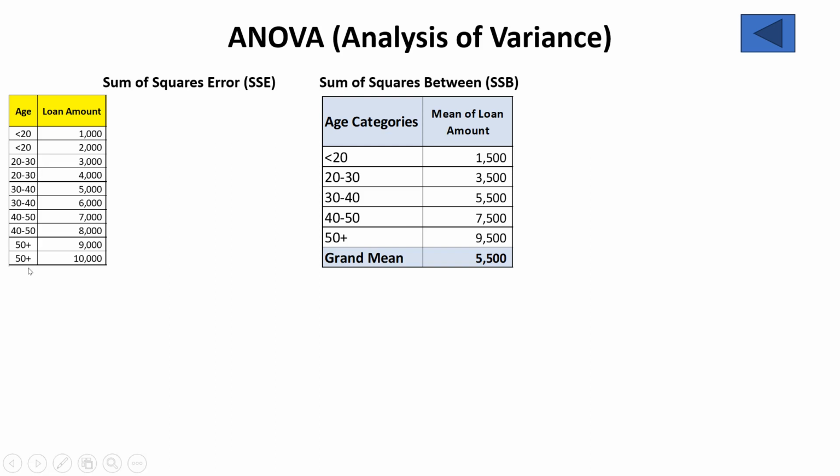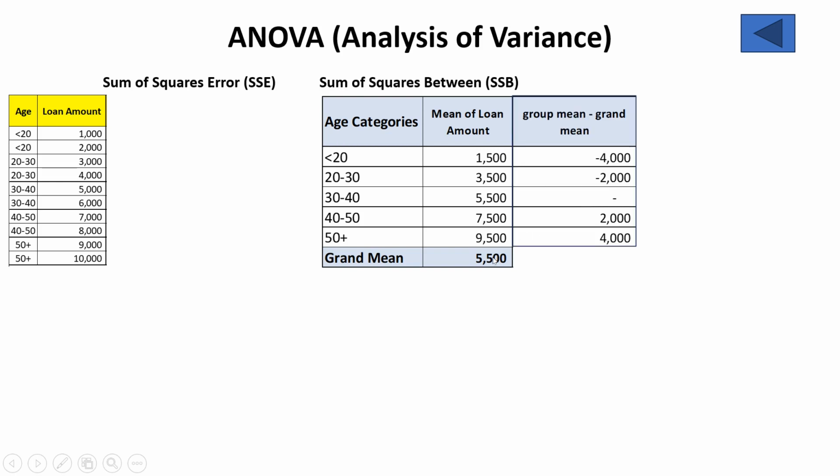Same goes for the rest of the groups also. This is how we get the mean for each of the categories or groups. And now if you take the mean of all these 5 means, you will get 5500. In the next step, we need to find the difference between this 1500 and this 5500. 1500 minus 5500, this is what you get: negative 4000.